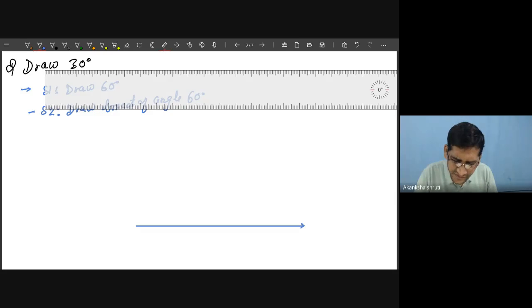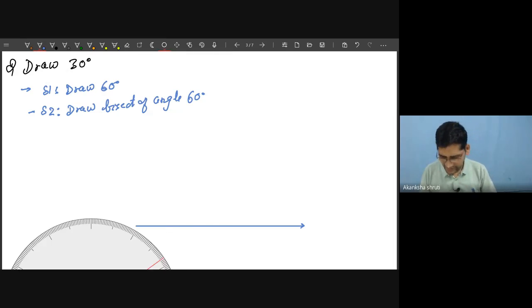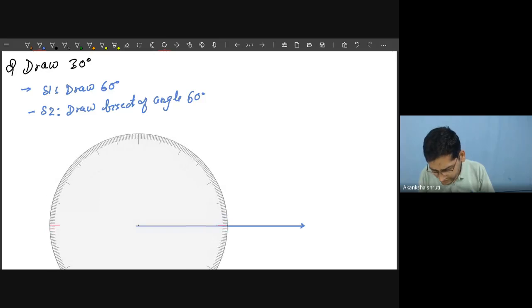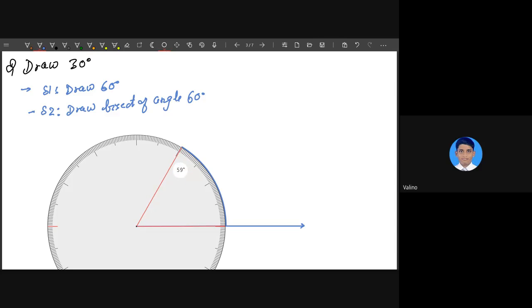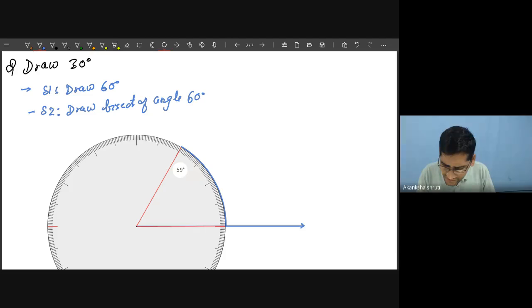From this, I am going to take the 60 degree. Be careful, coincide it. After coinciding it, I have to stop where, students? First, I will go for 60 degree. Observe it. So it is our 60 degree.